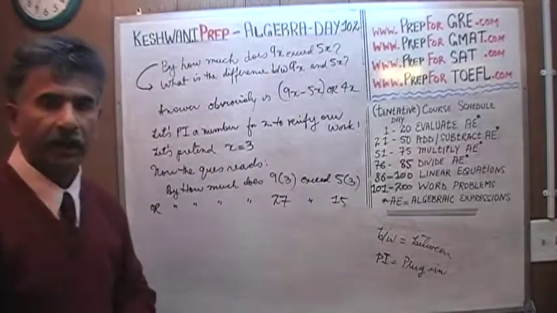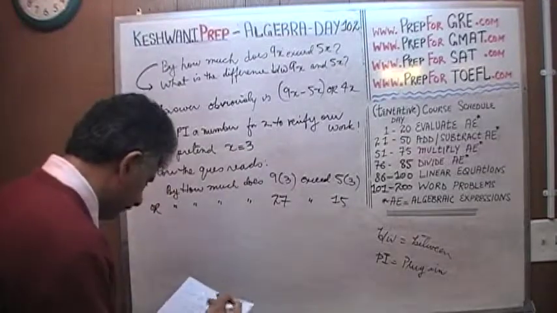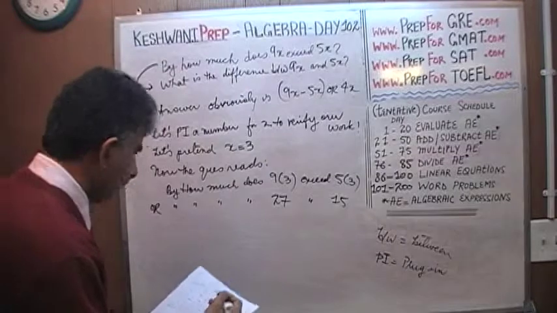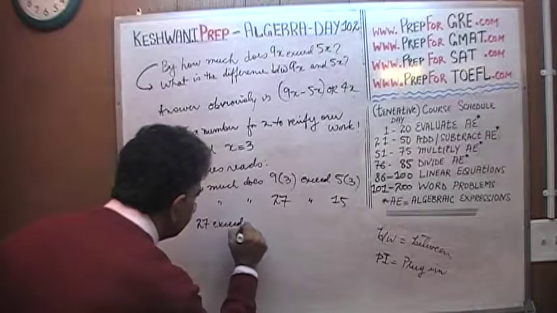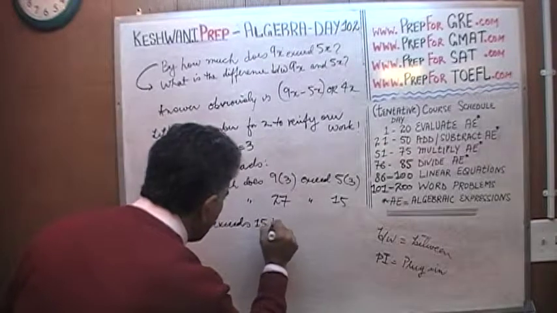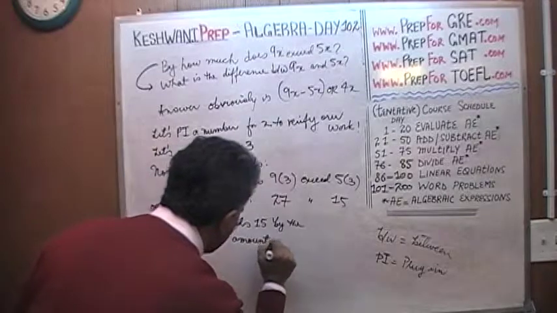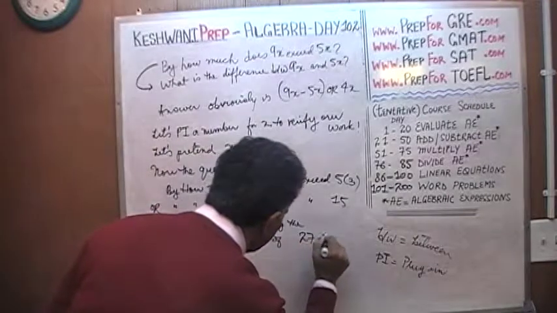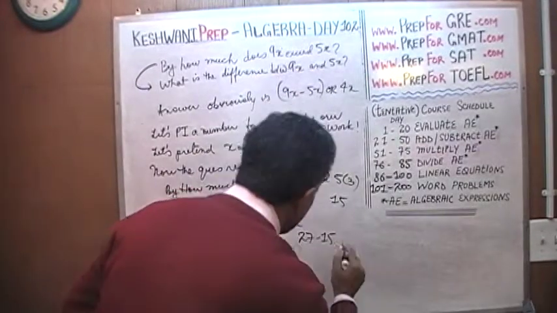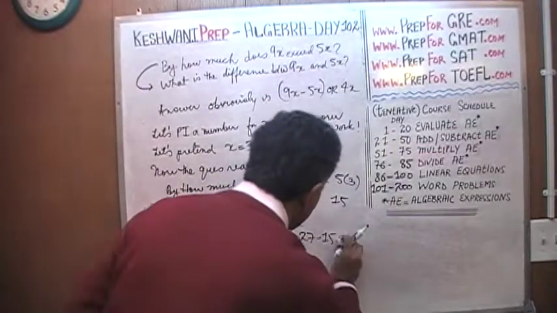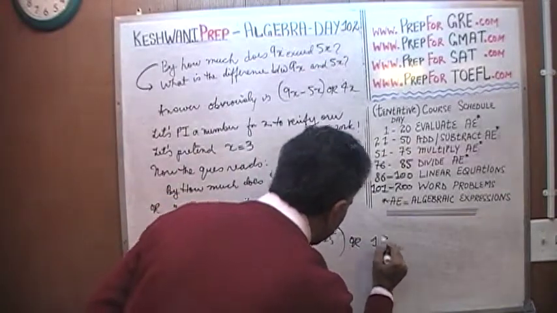How do you find out by how much 27 exceeds 15? We take the difference, 27 minus 15. In other words, 27 exceeds 15 by the amount of 27 minus 15, or 12.